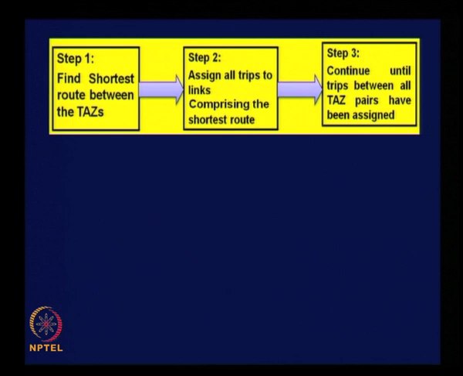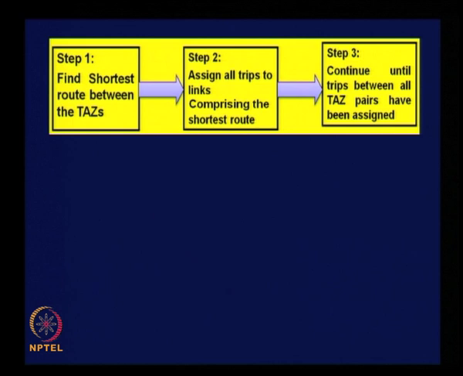Assign all trips to links comprising shortest route, represented in the form of minimum path tree, isn't it? And step 3, continue until trips between all traffic analysis zone pairs have been assigned.